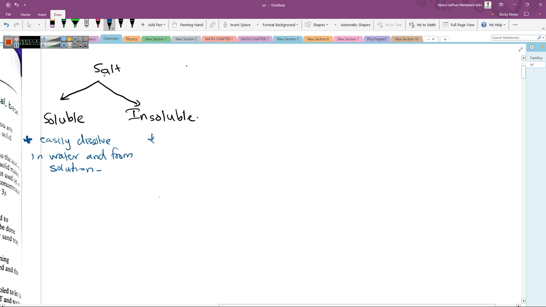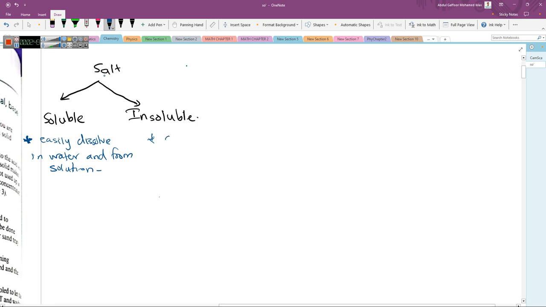Sometimes we might categorize sparingly soluble salts also. Sparingly means only a small amount of salt will dissolve, and you can observe both solution and solid particles. Anyhow, we will classify it into only two categories for now: soluble and insoluble.